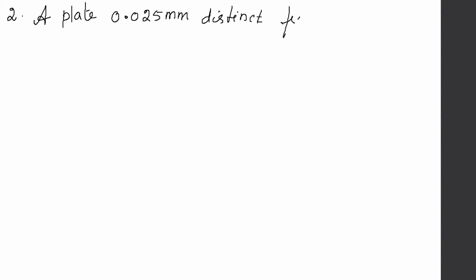Problem number 2, the question is: a plate 0.025 mm distant from a fixed plate. So you have two plates, one is a fixed plate and another is a moving plate. The distance between these plates is 0.025 mm.